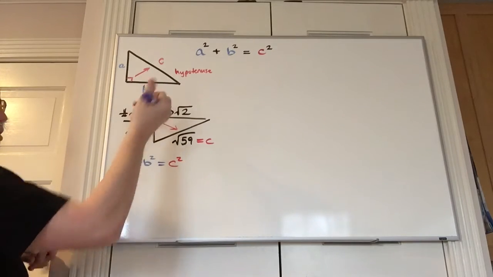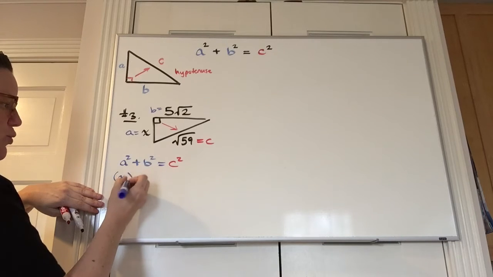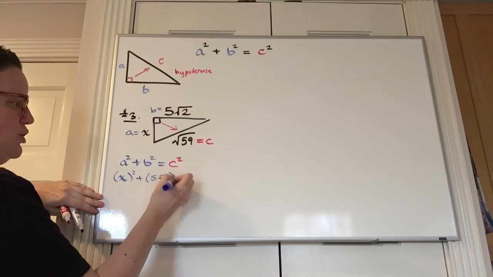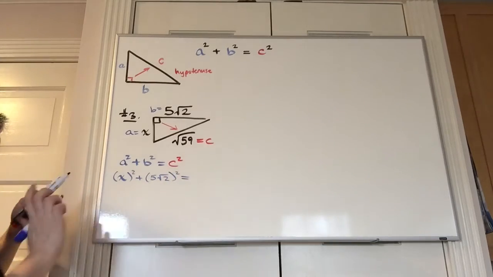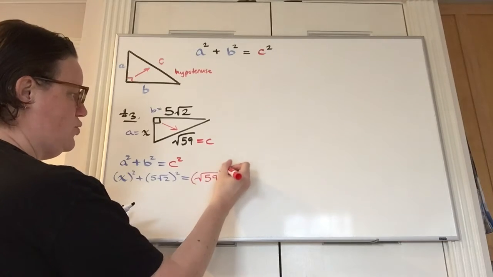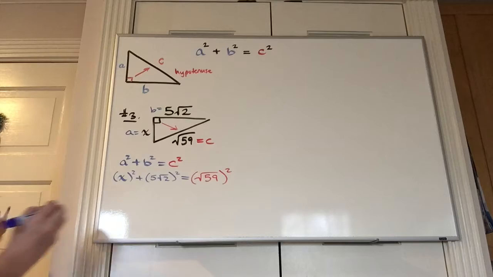But if I mix those two, it still would work just fine. So I'm going to say that x squared plus 5 times the square root of 2 squared equals the square root of 59 squared. All right, so this is where you've got to use all your squaring skills.